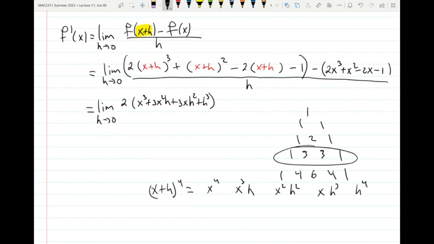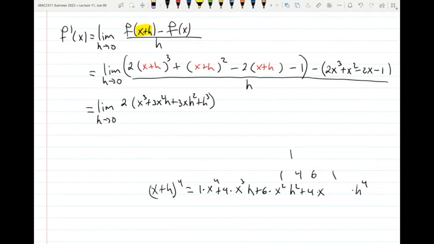Then you put the coefficients: 1, 4, 6, 4, and 1. That's how you can expand that without having to multiply. But you're not going to have to deal with this too long, so don't worry too much, though it's helpful to know this.